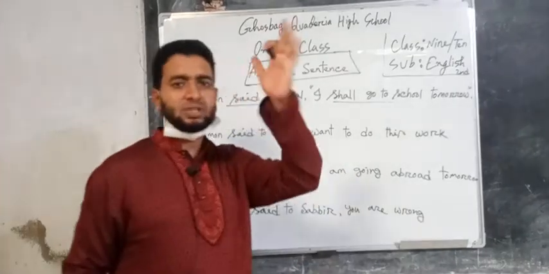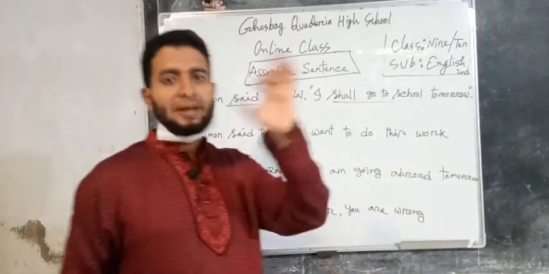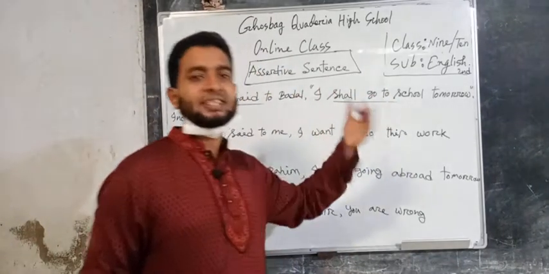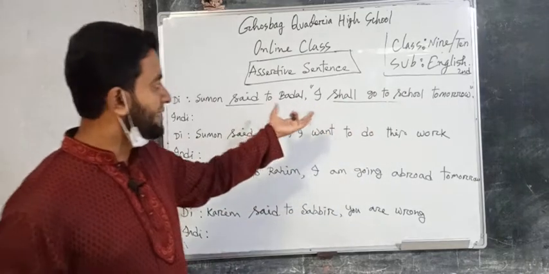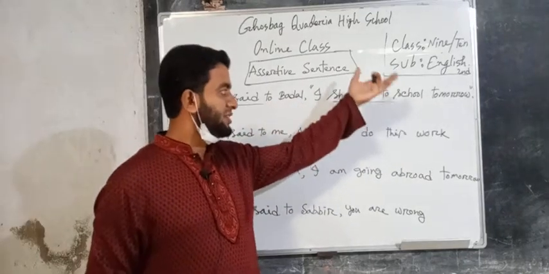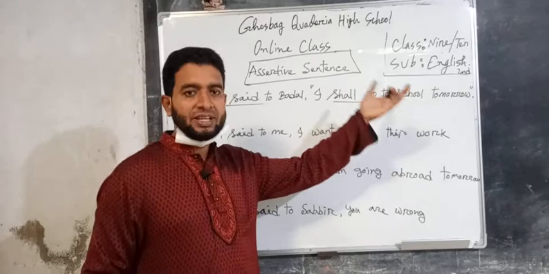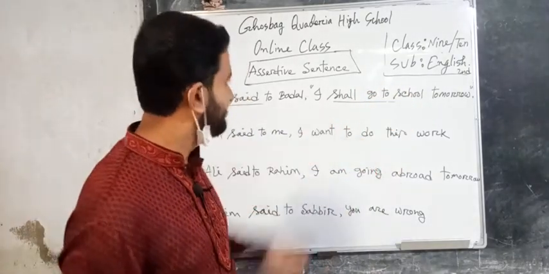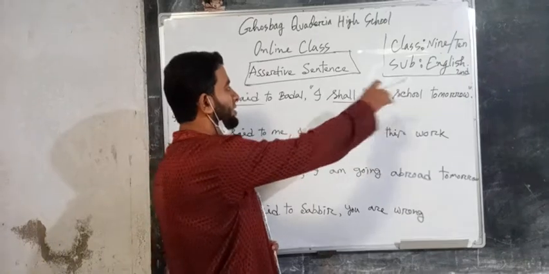So please think about this. We know sentences are of five kinds. So what kind of sentence is this? We think this is an assertive sentence because this is a simple sentence. There is no question mark, there is no exclamation mark, there is no request, order, or phrase. So this is assertive.